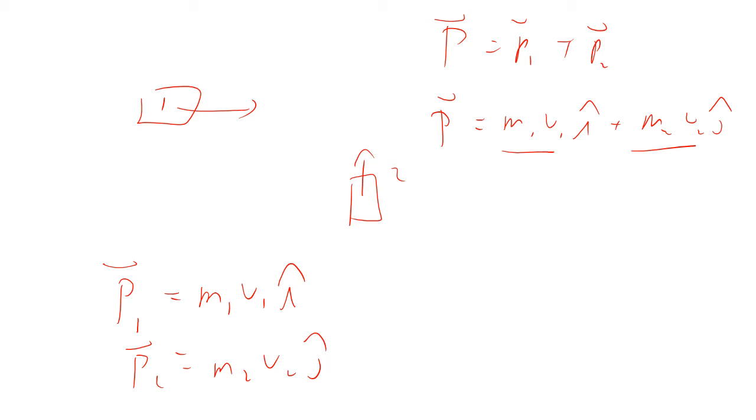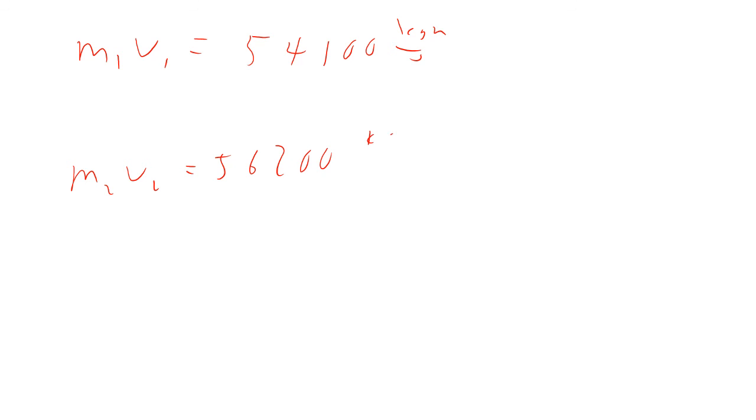So that means that we can work backwards. That means we know that M1V1 is going to be 54,100 kilogram meter per second. We know that M2V2 is going to be 56,200 kilogram meter per second. But we know that M1 is 1370 kilograms.